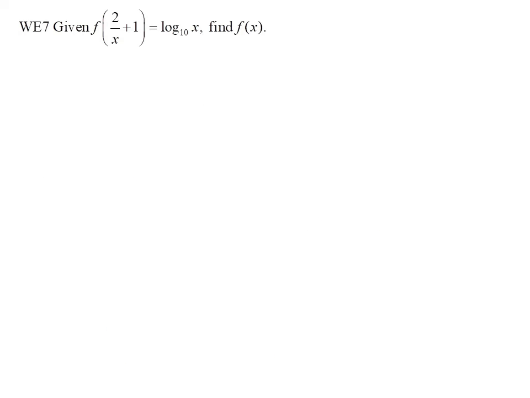Example 7 is a logarithmic function, and it asks us to find the expression of f(x) given that f(2/(x+1)) = lg x, the common logarithm of x. Here we introduce another variable y and assume it equals 2/(x+1).